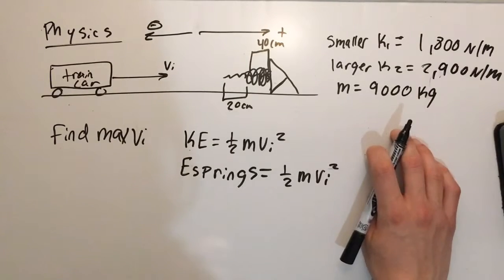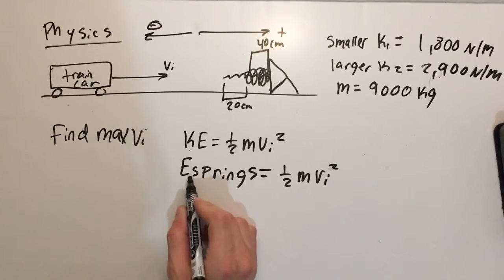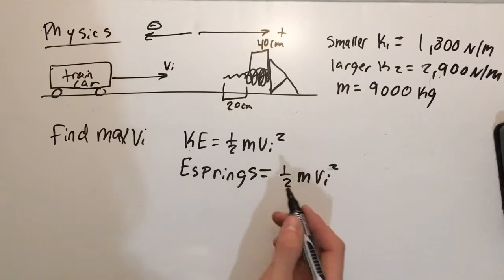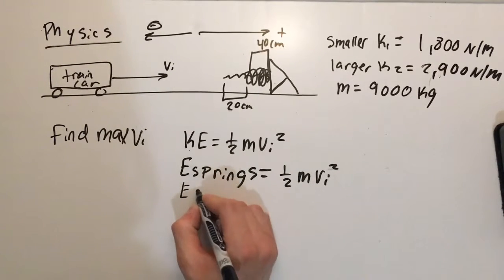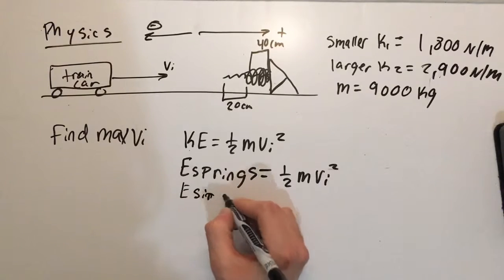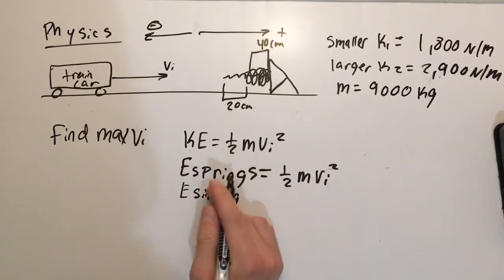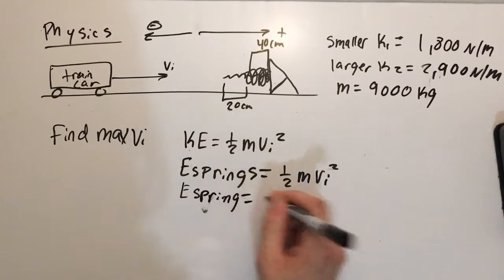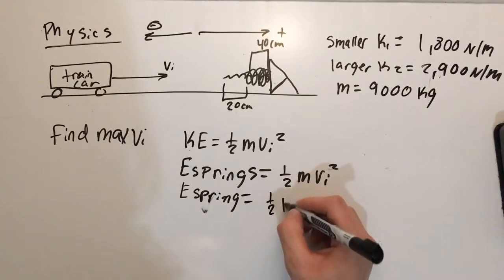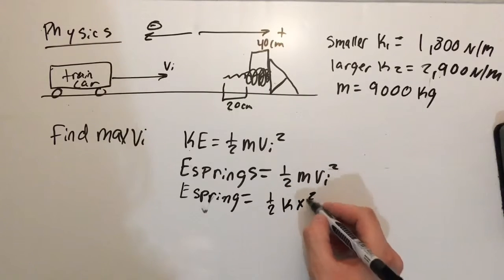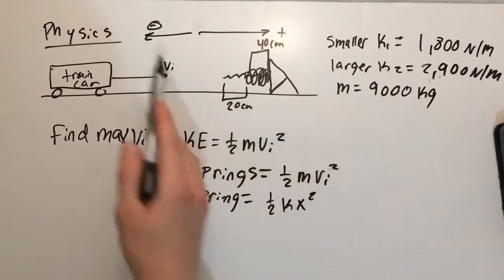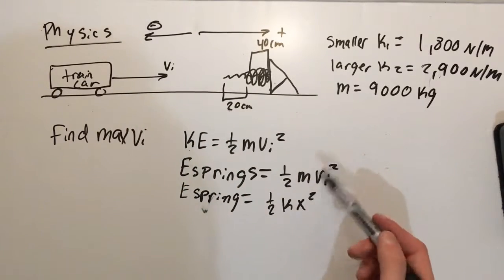So the way to solve this, let's first look at the hardest thing here, I guess, which is just setting this up. But let's look at the energy of a single spring. The energy of a spring is 1/2 k x squared, where x is going to be negative actually, but since it's in the negative direction, it'll be positive.